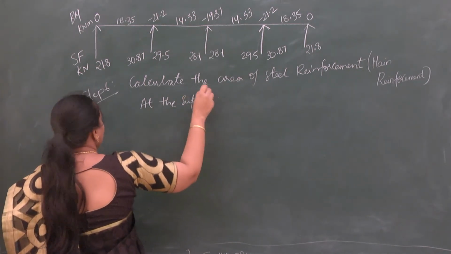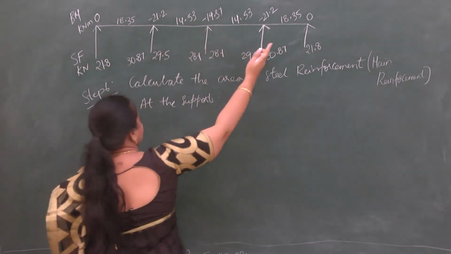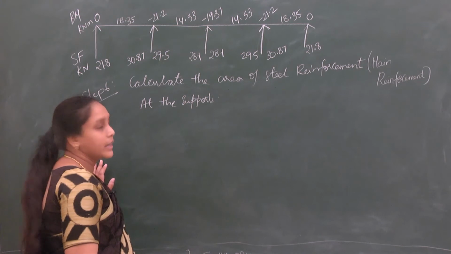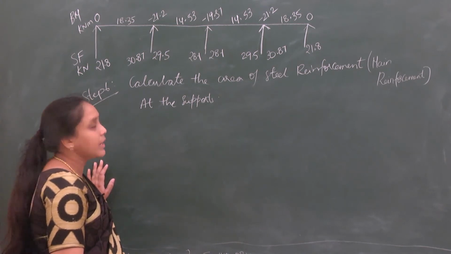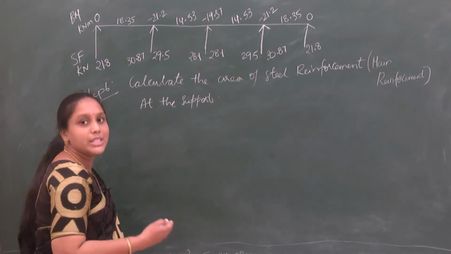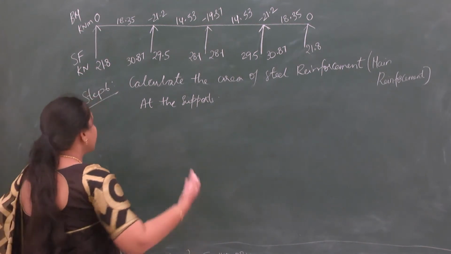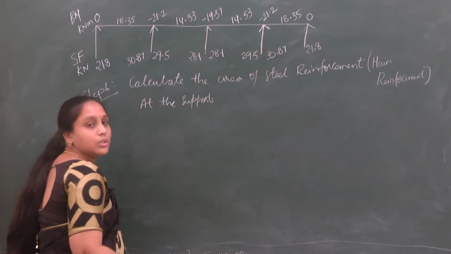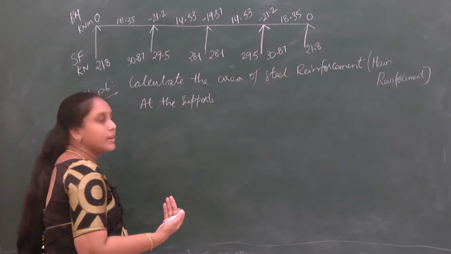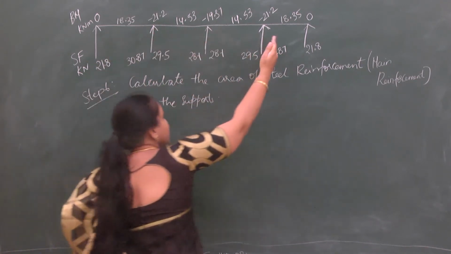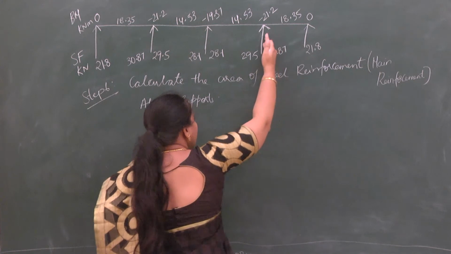If we see here, these are the supports. First let us find the AST required for the bending moment at the support which is next to the end support. This is our end support, and this is also an end support. So this is the support which is next to the end support, and this is the support next to the end support.